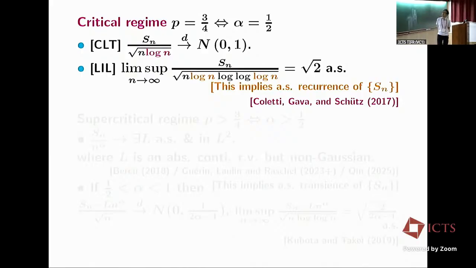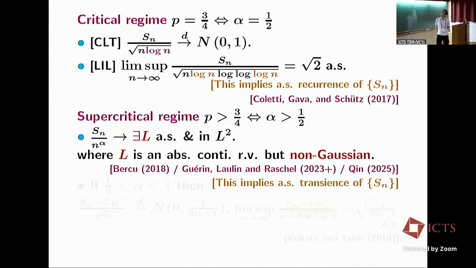And if p exceeds 3/4 or alpha exceeds half, then the situation will change. Now we need a different scaling, n to the power alpha. By this scaling, we obtain a limit, and this convergence is almost sure and in L^p sense.